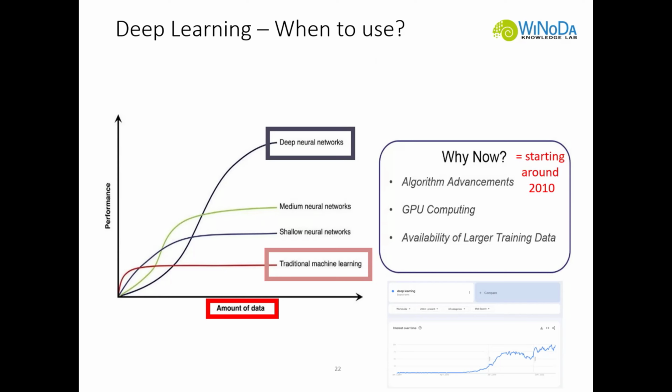These three things came together: cheaper GPU graphic cards, the algorithmic advancements that were made, and the availability of large training data. Then people just threw it at everything, and everybody was super happy that it works so well.